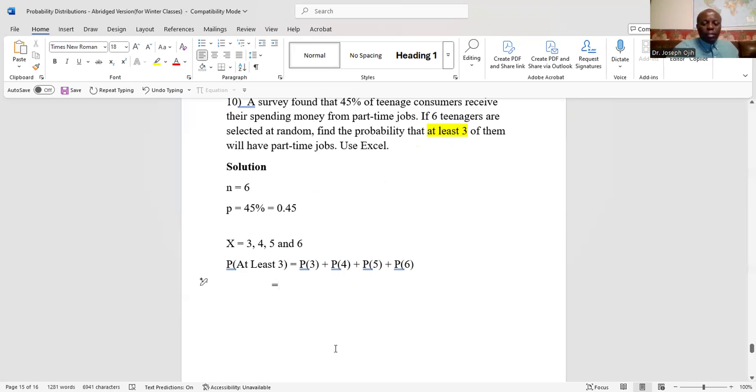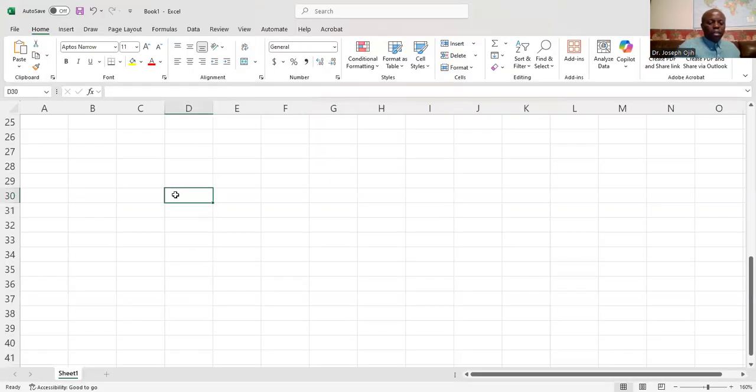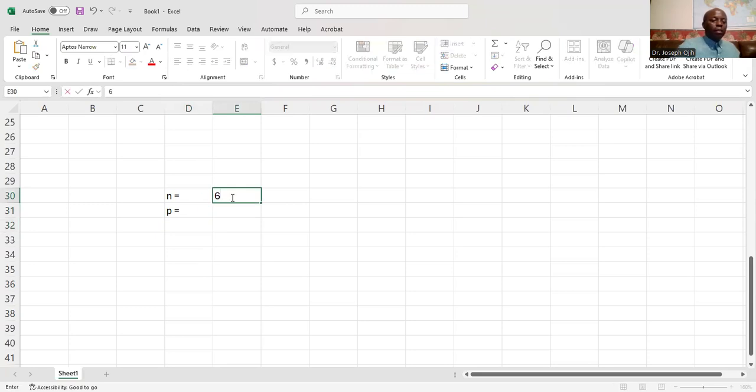So let's put it right there in Excel. I have N equals, P equals, we don't need Q. So N is 6. P is 0.45.